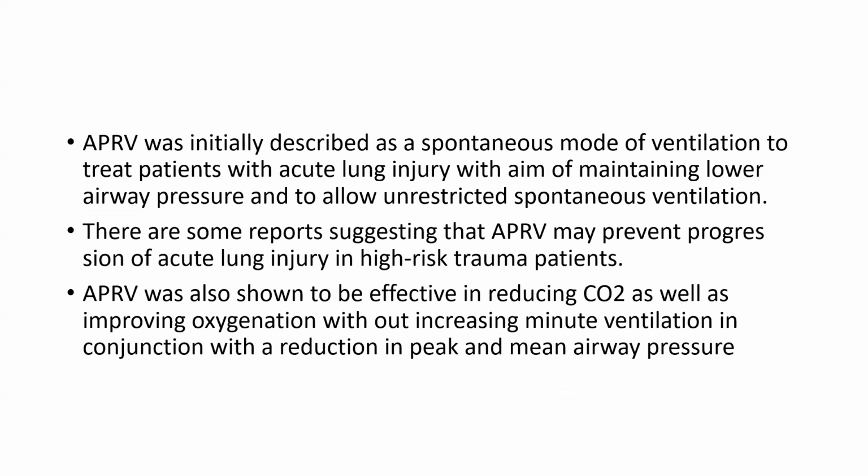So APRV was initially described as a spontaneous mode of ventilation to treat patients with acute lung injury, with the aim of maintaining low airway pressure and allowing unrestricted spontaneous ventilation. There are some reports suggesting APRV may prevent progression of acute lung injury in high-risk trauma patients.